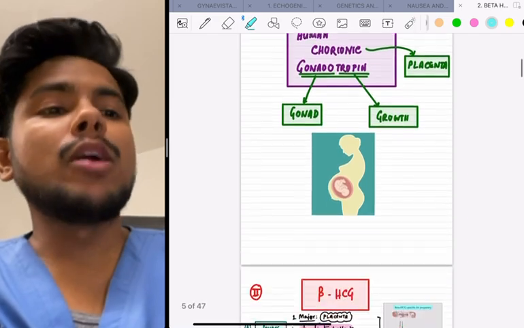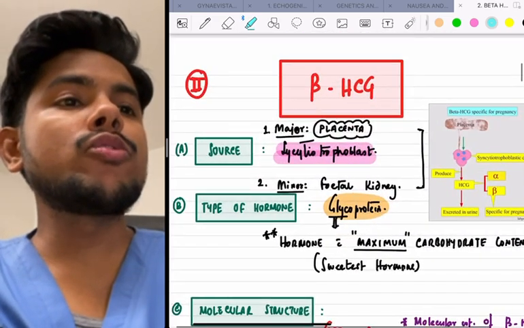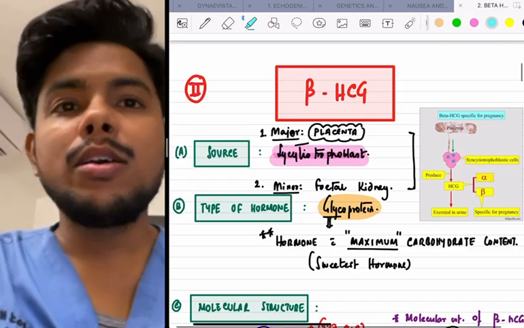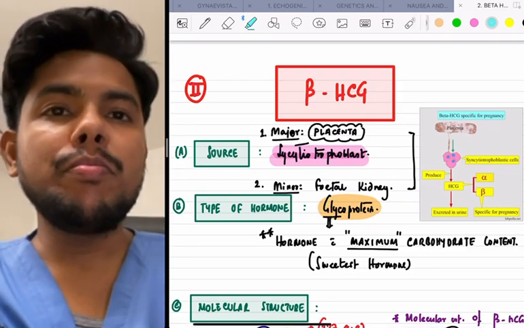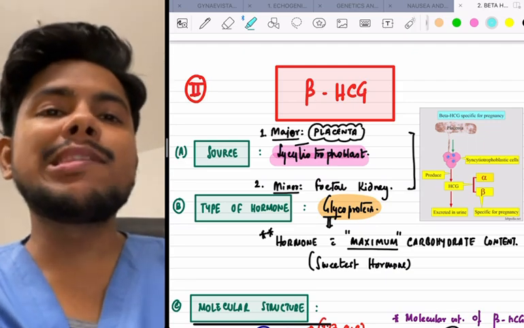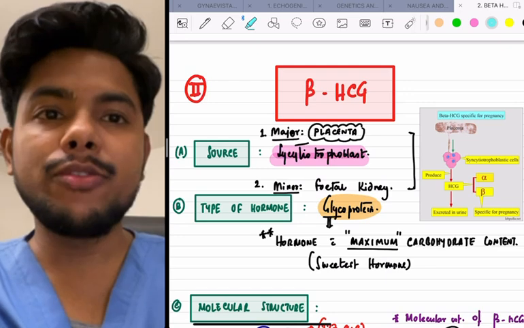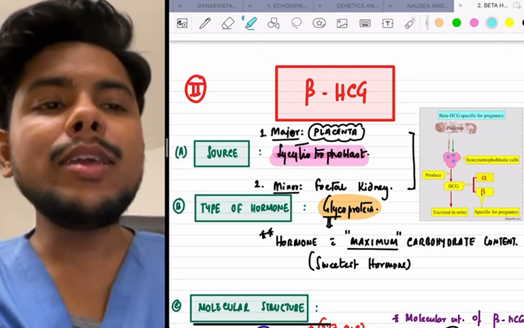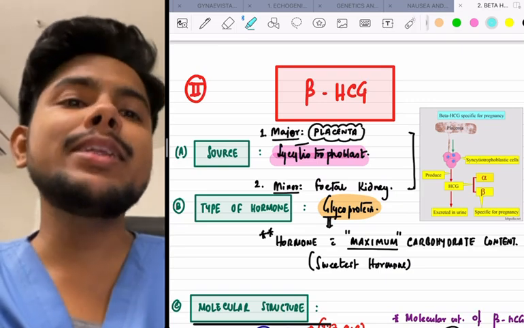Okay, now let's talk about the basics. First, the source of hCG. Now, mainly the hCG is secreted from the placenta, from cells called syncytiotrophoblasts. But a very minor amount of hCG is also produced by fetal kidney.